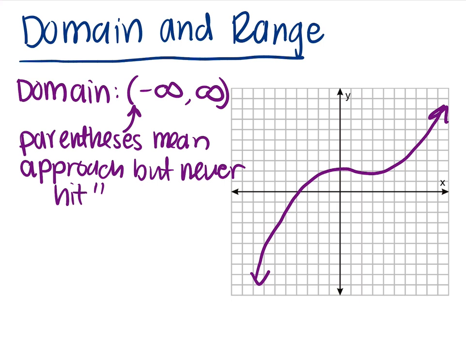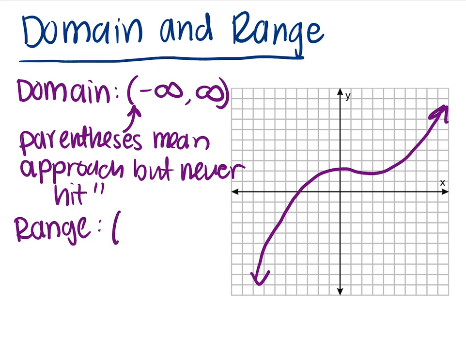Now, the next thing we're going to have is the range. And the range is going to go from, well, what's the lowest that my graph is at? The lowest that my graph is at is going down towards forever, so I'm going to have negative infinity, and the highest it goes is going all the way up to positive infinity.